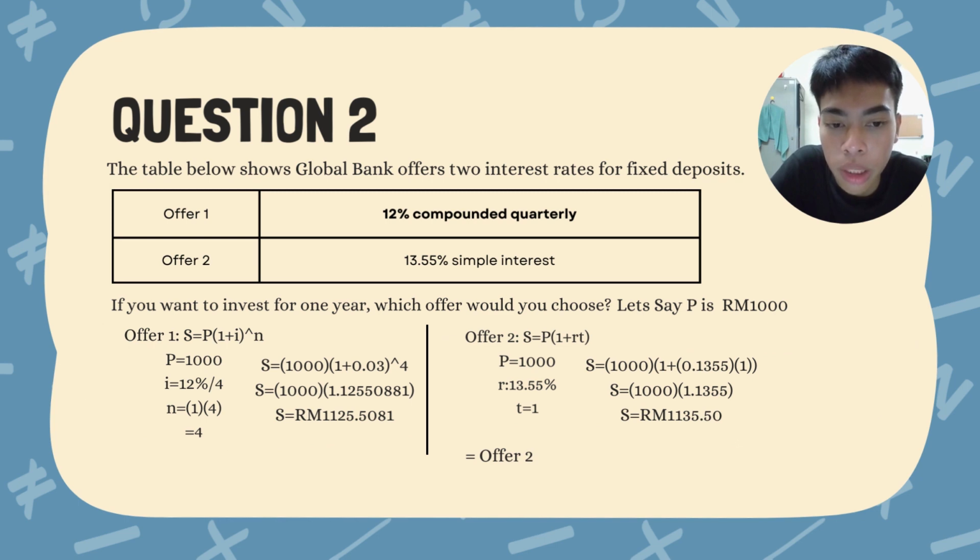Then we multiply 1000 with 1.1355 and we get 1165 ringgit 50 cents. And then we compare both of the offers, and it shows that offer 2 is slightly higher than offer 1, so the answer is offer 2.